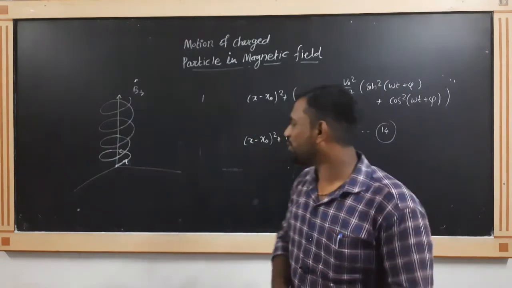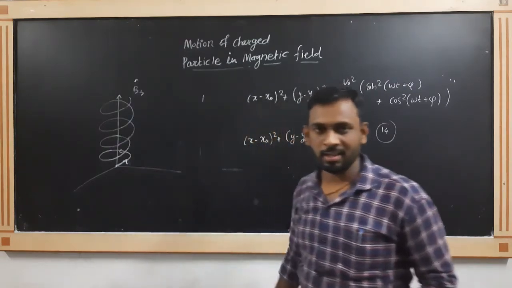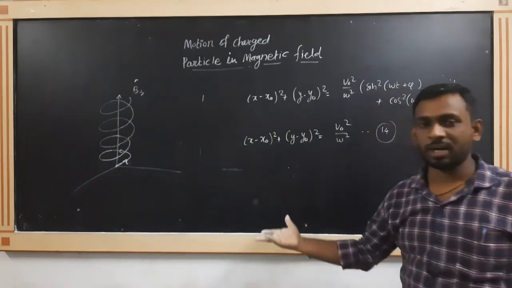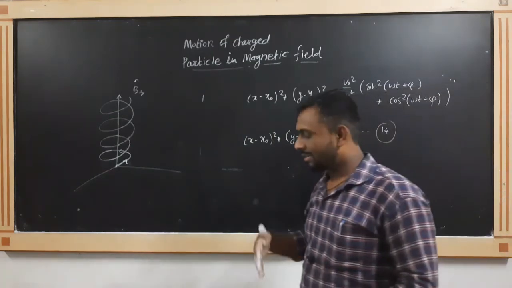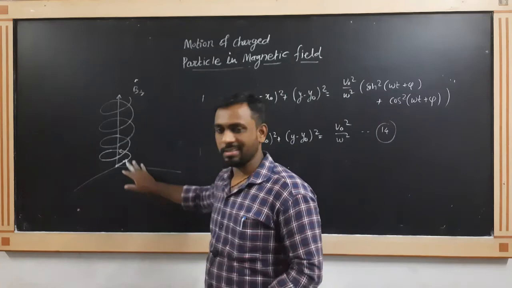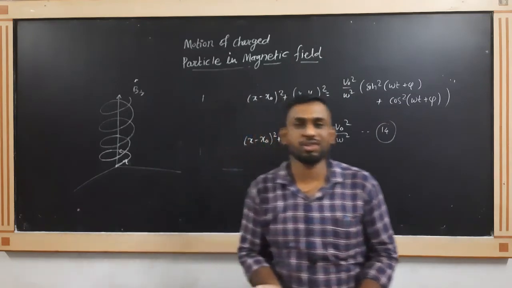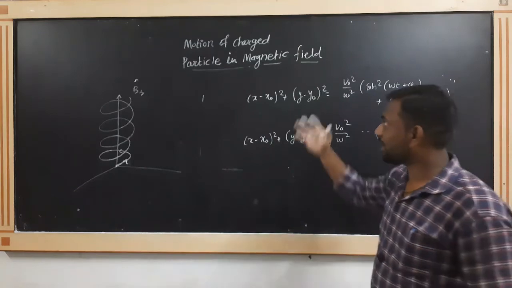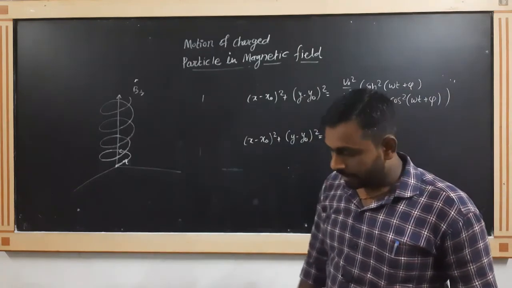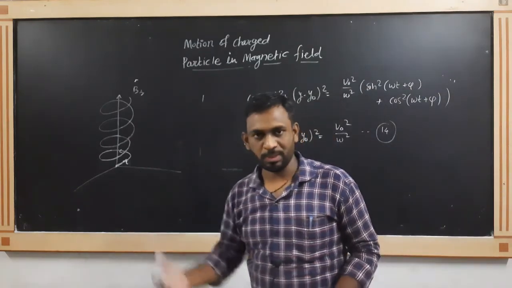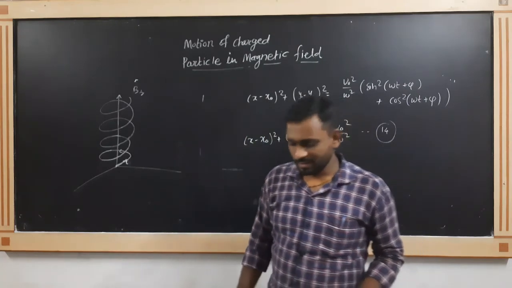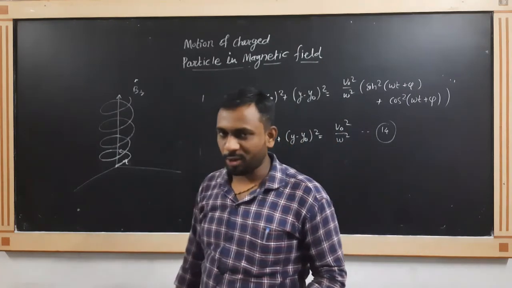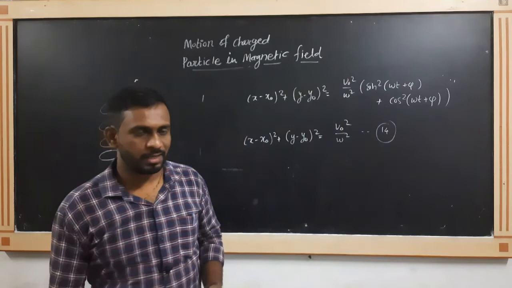So this collective motion of the charged particle, due to the two components v cos theta and v sin theta, results in a spring kind of motion, or spiral motion, we can say. So this is the effect of a constant magnetic field on the motion of the charged particle. This is all about the effect of the magnetic field on the motion of the charged particle.